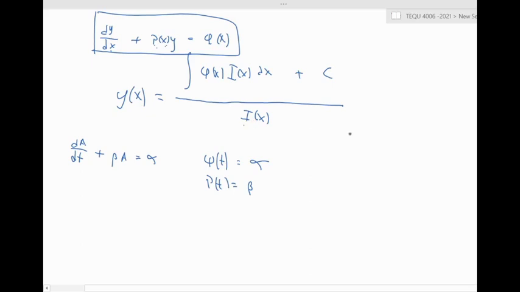It just happens that the integration factor in general will be e elevated to the integral of p(x) dx.